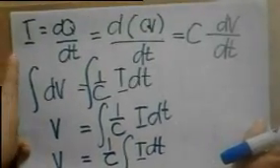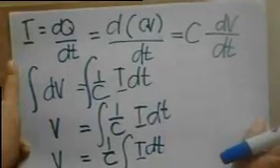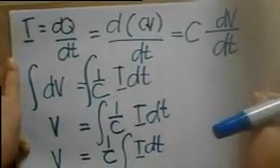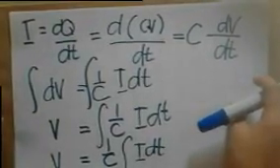Unlike a resistor, a capacitor does not dissipate energy. Instead, a capacitor stores energy in the form of electric fields between its plates, which can be recovered later when it discharges.